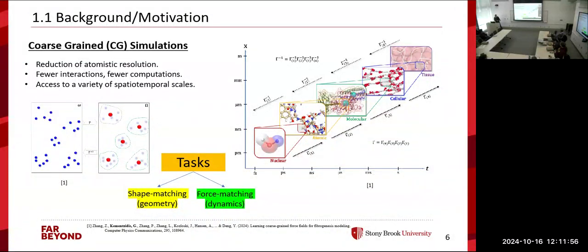Now, the tasks that we have to worry about during coarse graining are mapping the geometry from one scale to another, and the other task is matching the dynamics. Obviously the force fields from one resolution to another are slightly different, and we can see how one of the two tasks, force matching, can be a little bit more difficult.